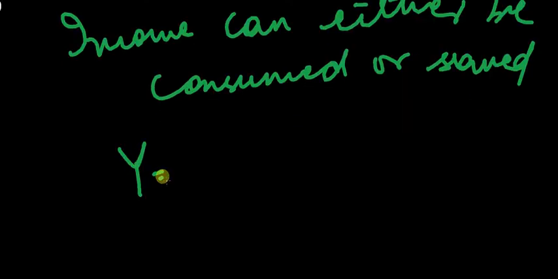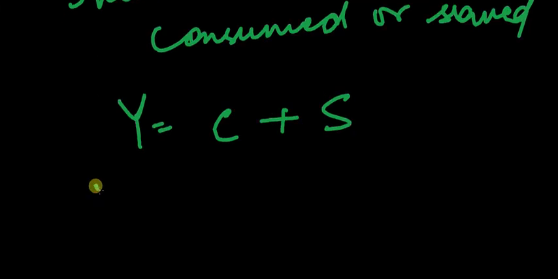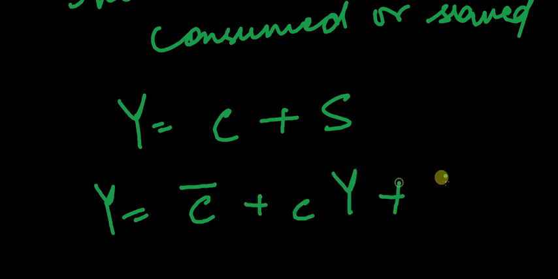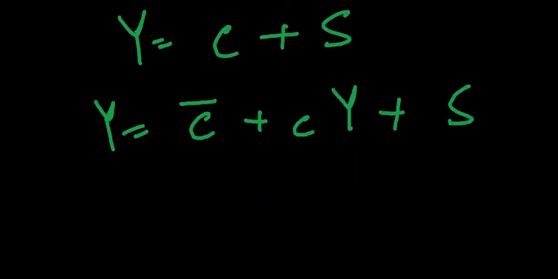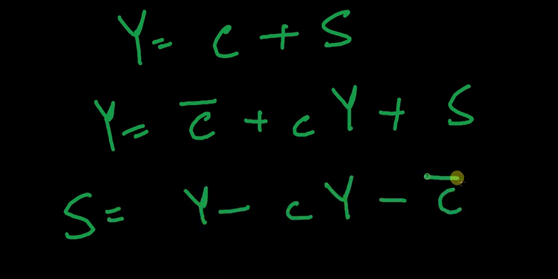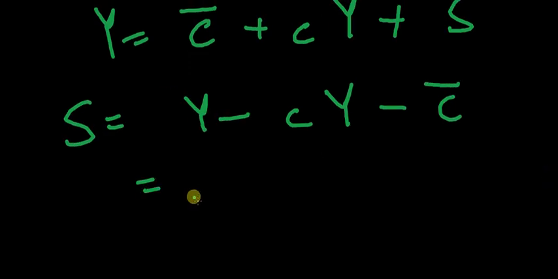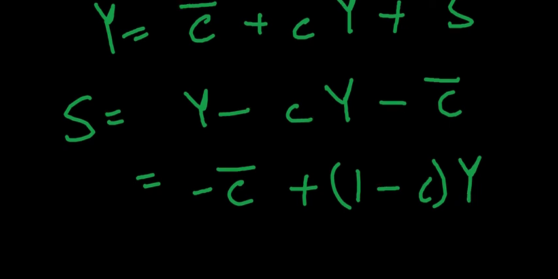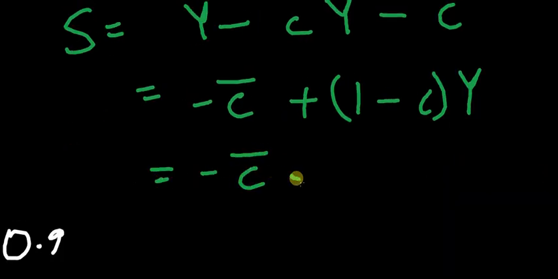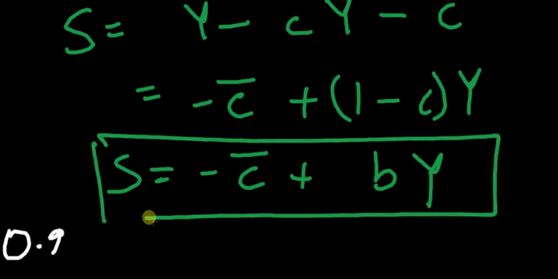So y equals C bar plus small c y plus S. So S is y minus cy minus C bar. So this is minus C bar plus (1 minus c) into y. I can write this as minus C bar plus some b into y.